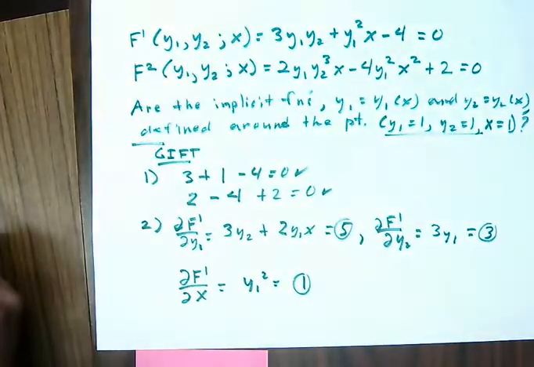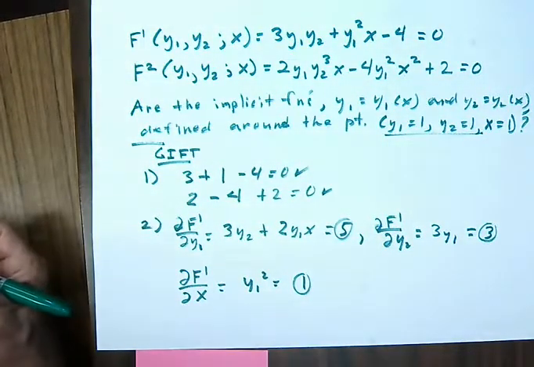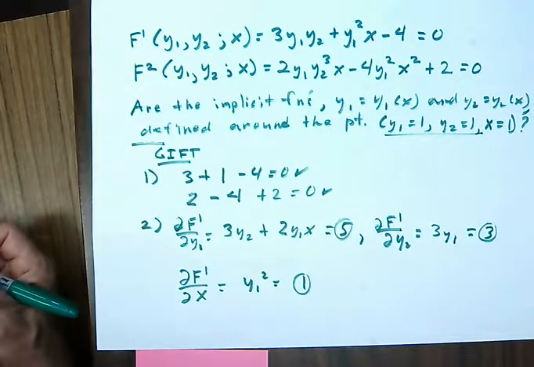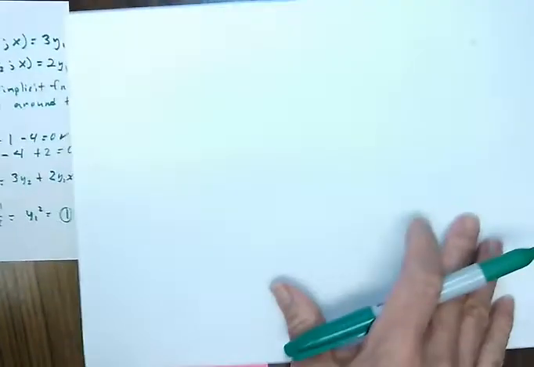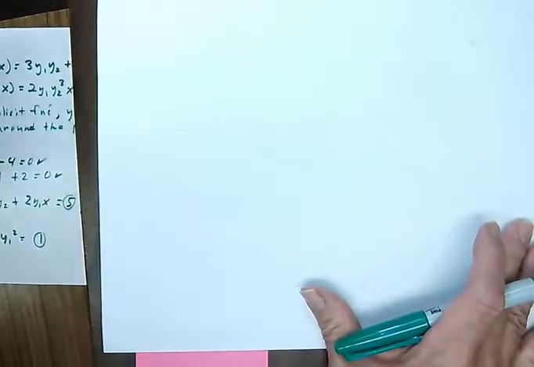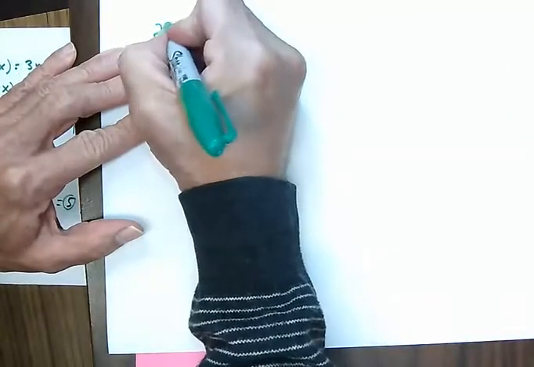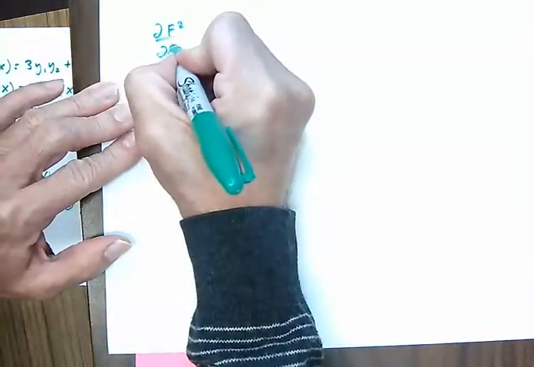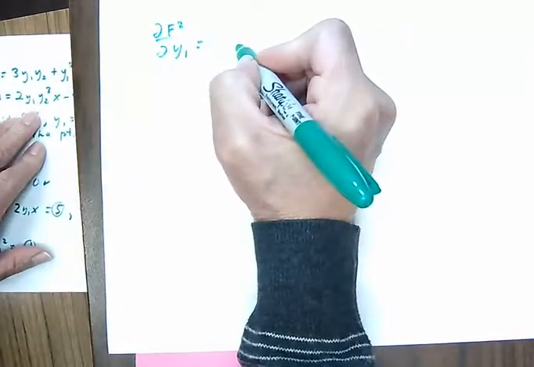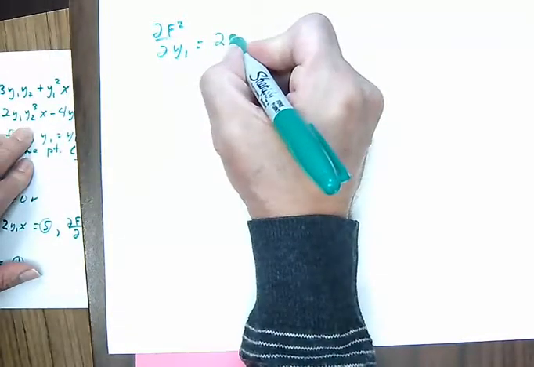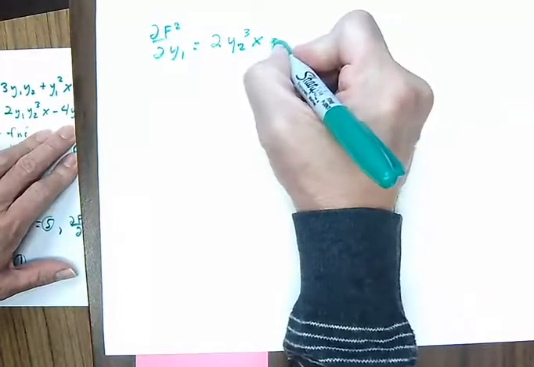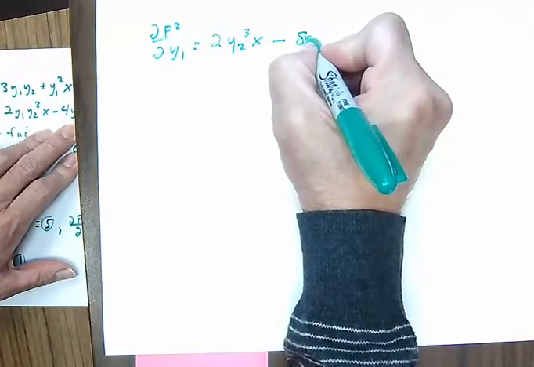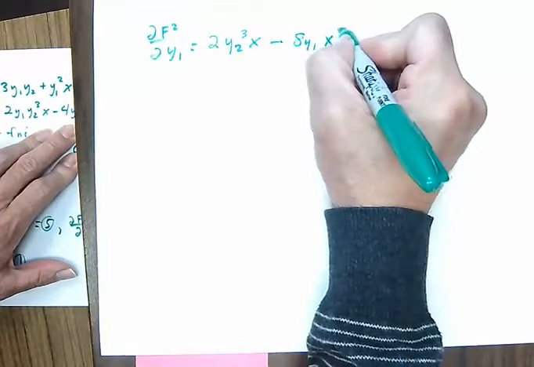So all of those partial derivatives of our first capital F function are defined with respect to all the y's and our one x value. Now we have to do the same for the second capital F function. The partial of the second capital F function with respect to y1 is 2y2 cubed x minus 8y1 x squared.